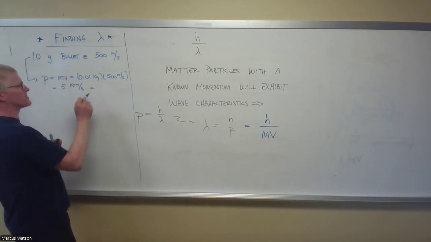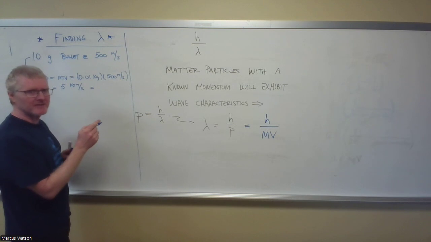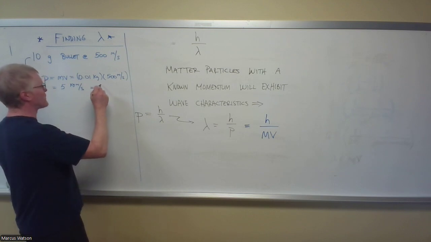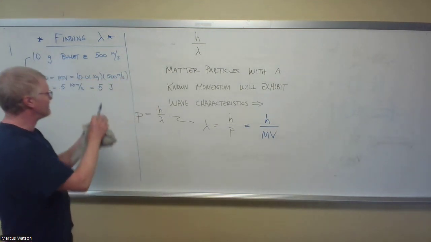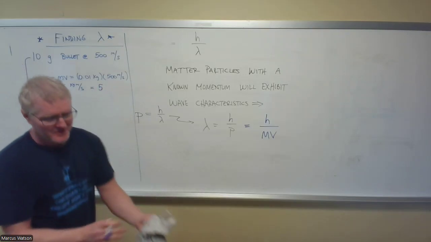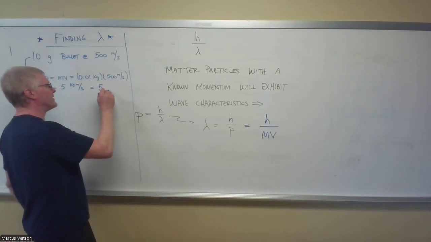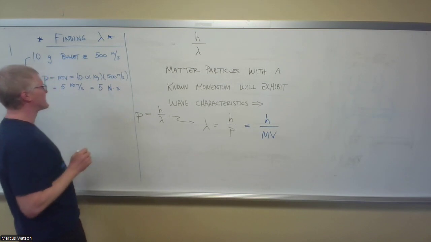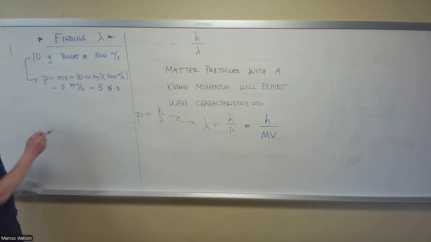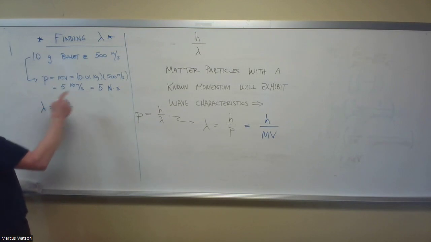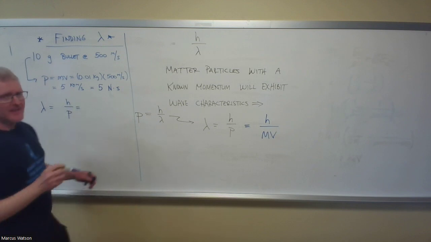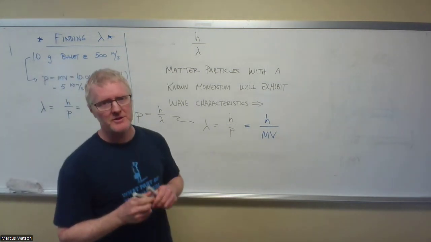You might remember, if you're thinking about the classical units here, that kilogram meters per second is the same thing as a Newton second. Sorry, not joule second, Newton second. My bad. Caught that one in the nick of time. If I now look at the wavelength of this thing, it's h over 5 Newton seconds. And h, now I have to go back to classical units for this.